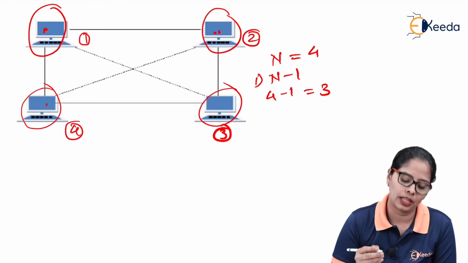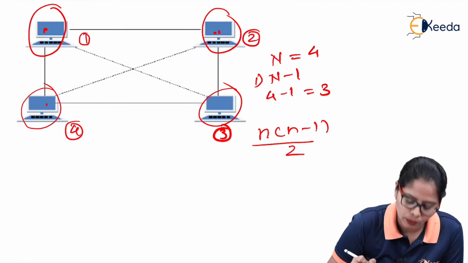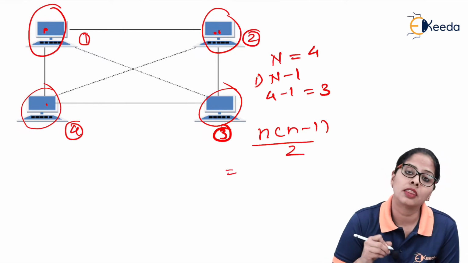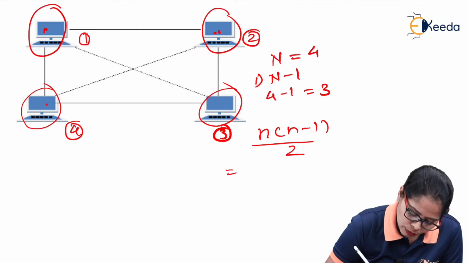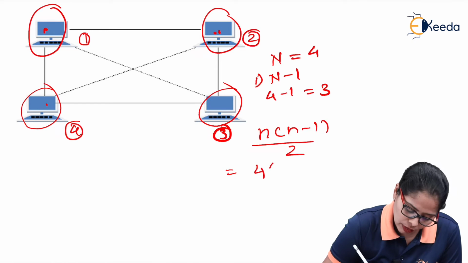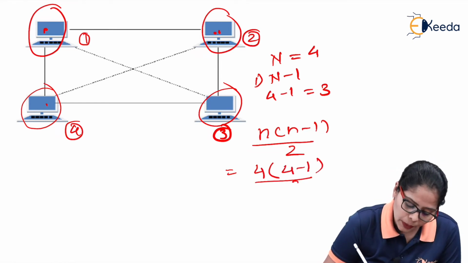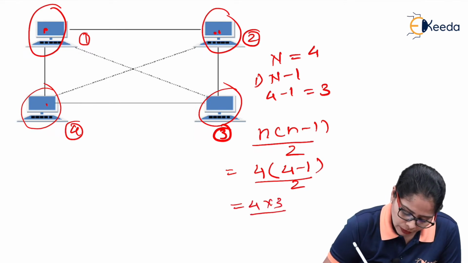So there is a formula, that is n(n minus 1)/2. So here what is n in this case? N means number of nodes. So how many nodes are there? 1, 2, 3, 4. So 4 nodes are there. Then for n you have to put 4, 4 minus 1, divide by 2. So 4 into 3 divided by 2.